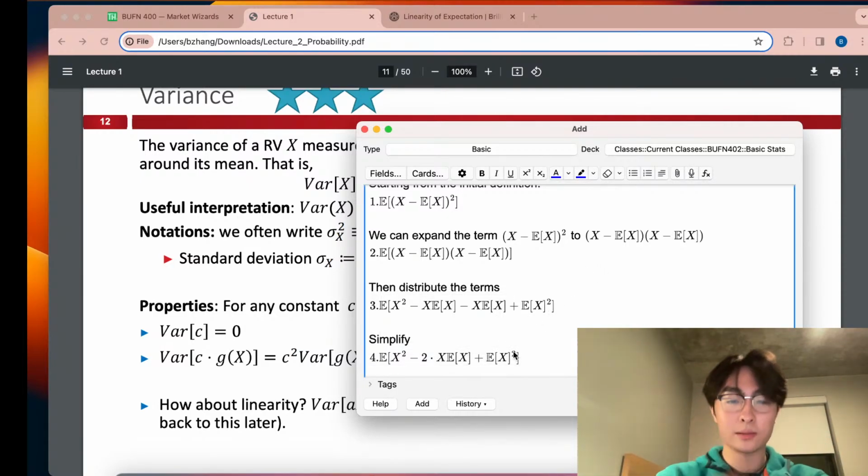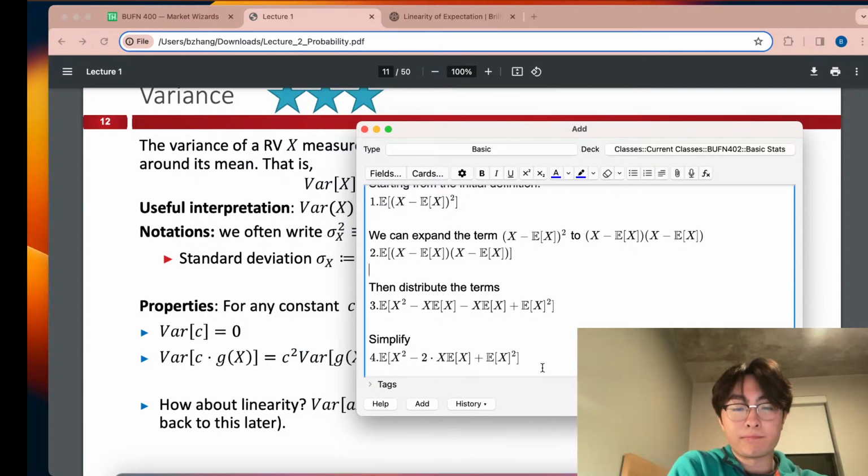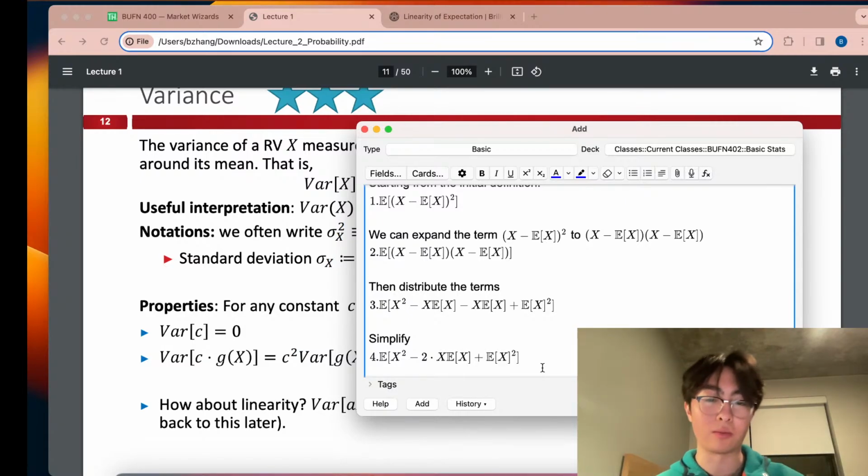Two times x, expectation of x. Yeah, I feel like this might not be the right way.